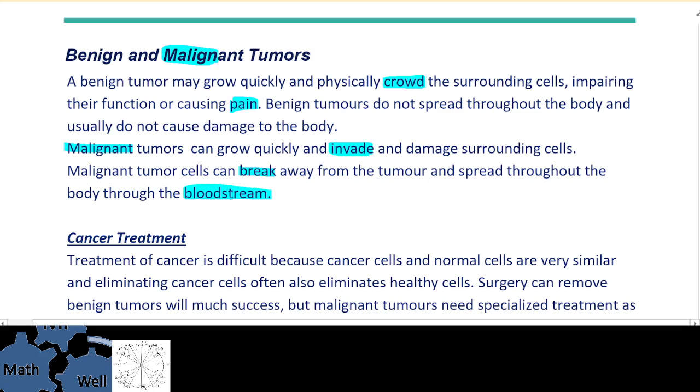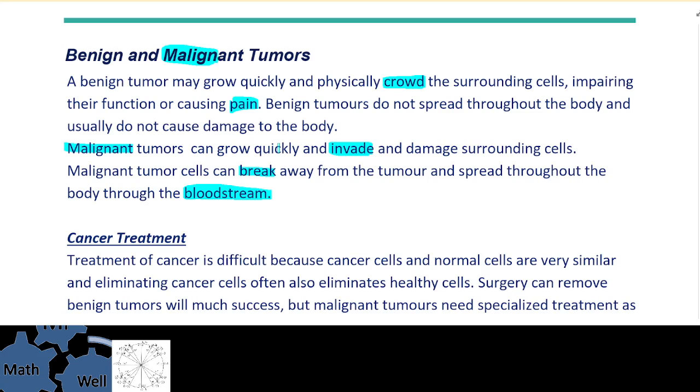So malignant tumors are a little more serious, and you can't always get all these cells with surgery. If you went in there to take out a tumor, it's malignant, chances are that's already spread to other parts of the body. So how much do you cut out, right? So there's other treatments for those kind of tumors that have spread.